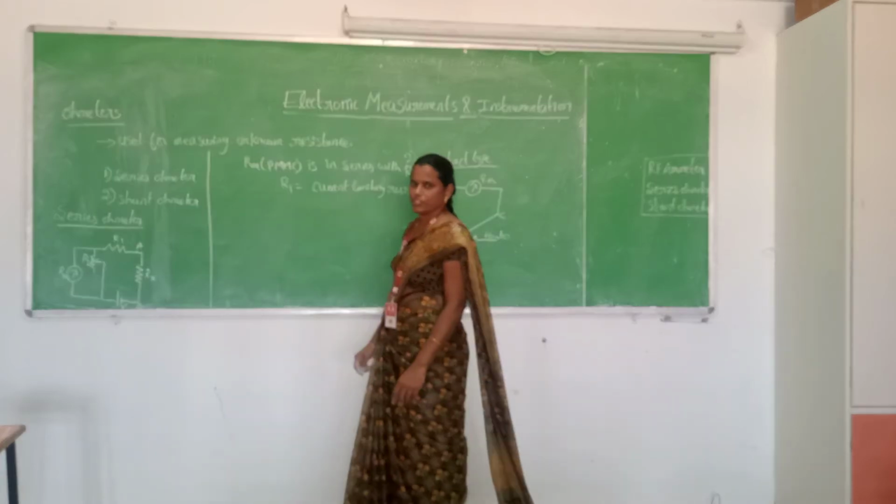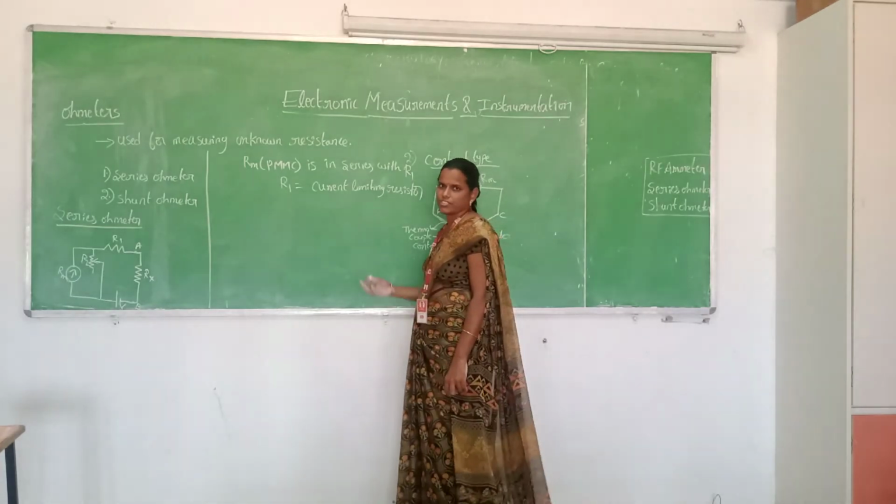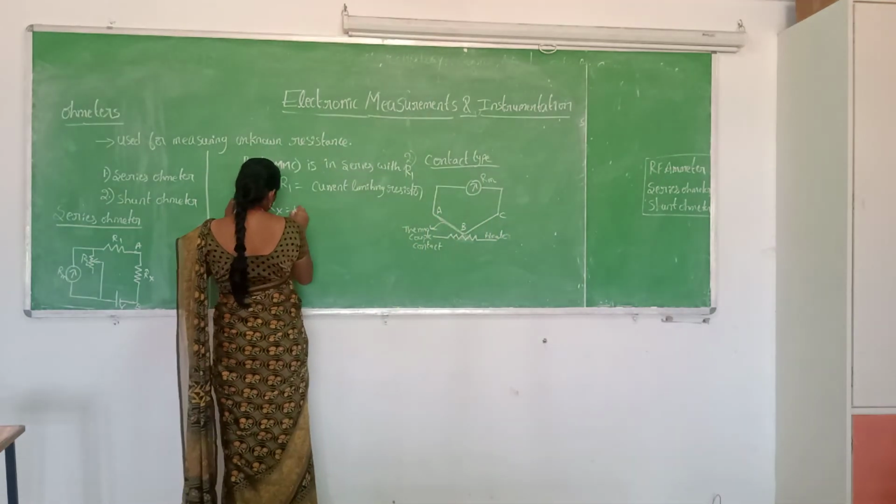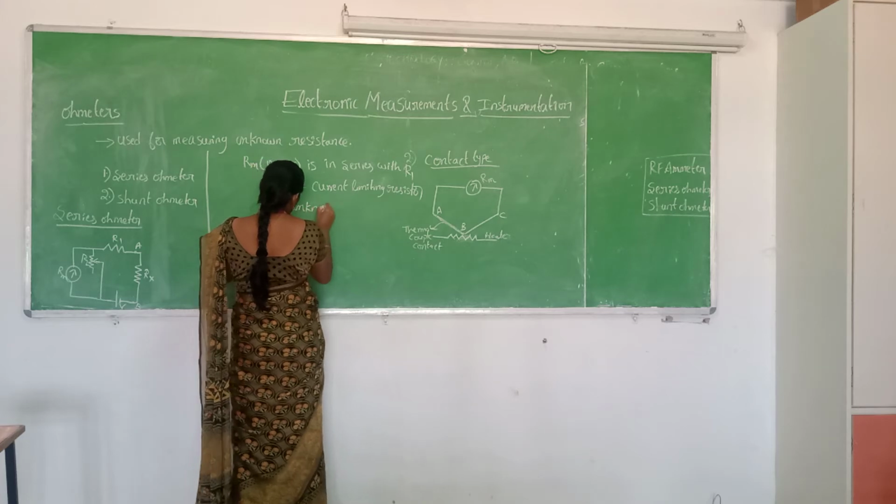And the value of the unknown resistance which we want to measure using this series ohmmeter is Rx. So here Rx is the unknown resistance.